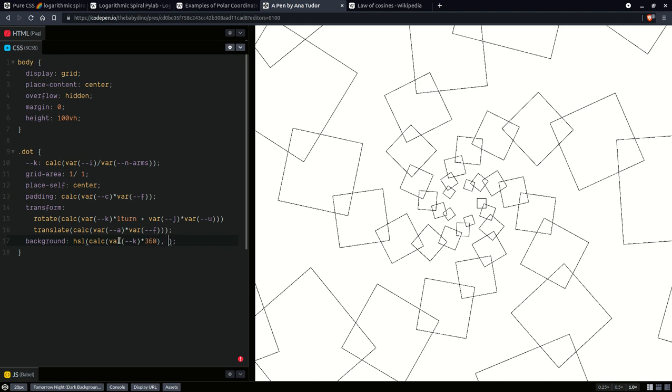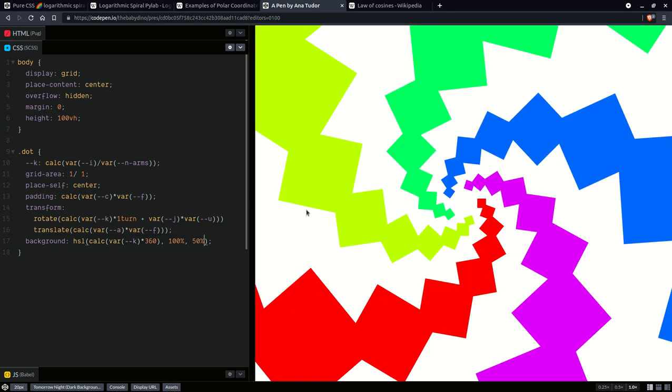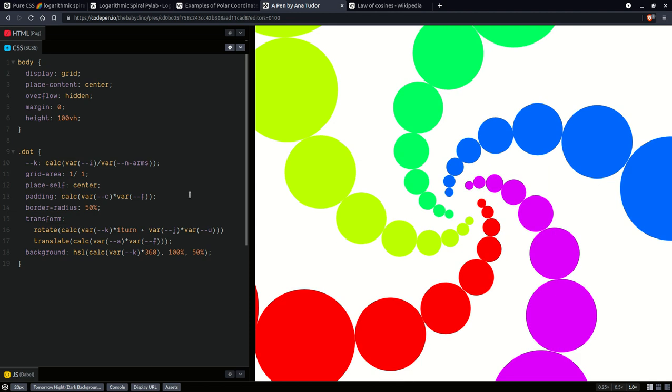So something like this. Let's max out the saturation and have midway luminosity, and now you are going to see them distinctly. Let's also make them more dot-like. Border radius 50%. Okay, so now you can see how they're nicely arranged.